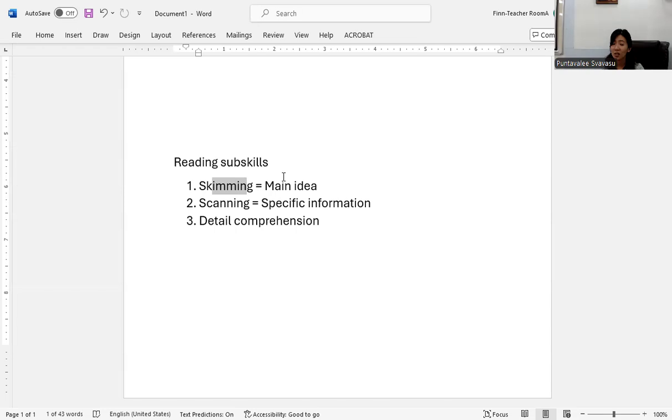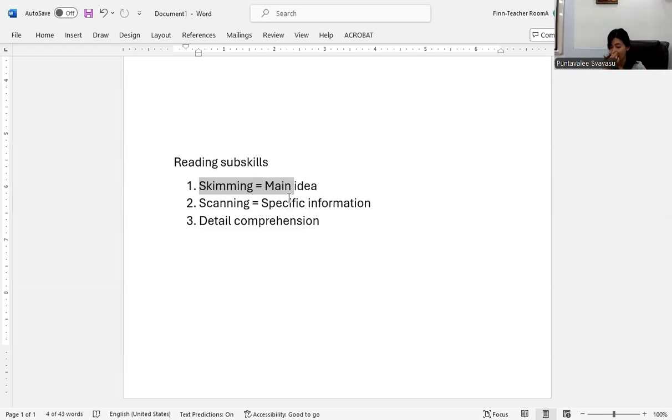These are three things that I'm going to use when we complete the questions. I usually start off with skimming all the time, even if it's just 20 minutes with a long reading.